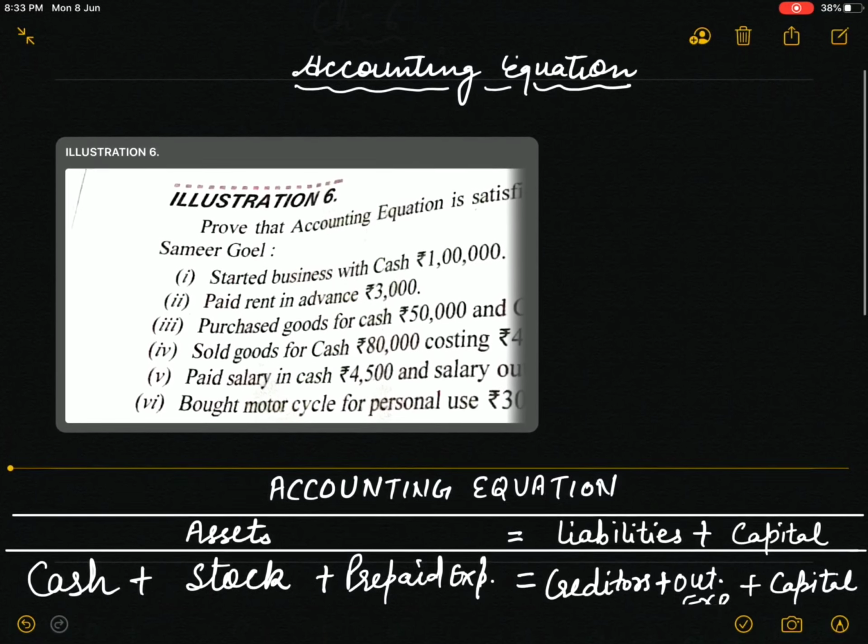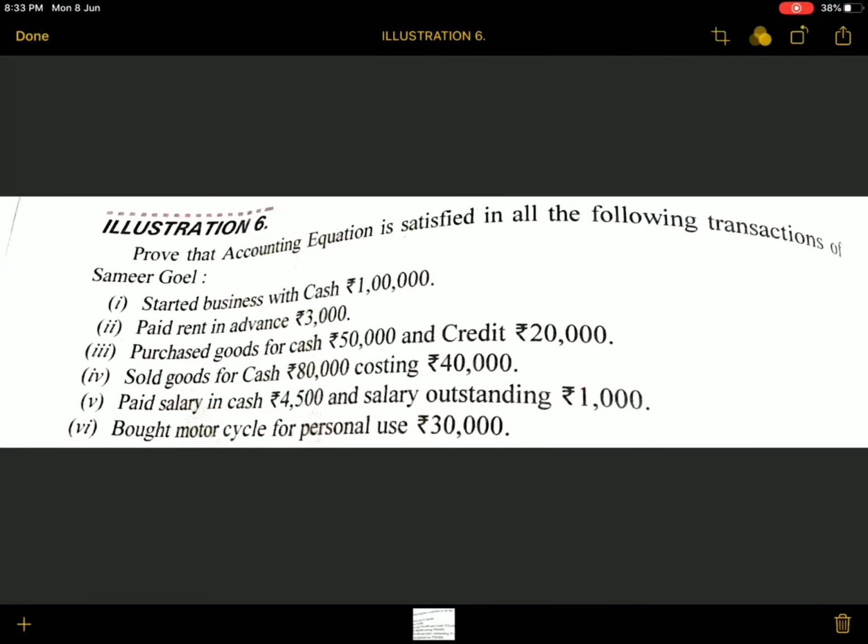Next transaction is purchase of goods for rupees 50,000 and credit rupees 20,000. We are purchasing goods for cash as well as credit. Goods are coming in, 70,000, that is 50,000 plus 20,000. Cash is going out only 50,000, and the 20,000 we are purchasing on credit becomes creditors.